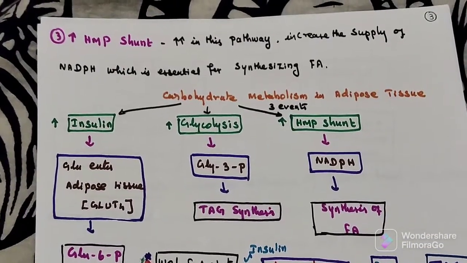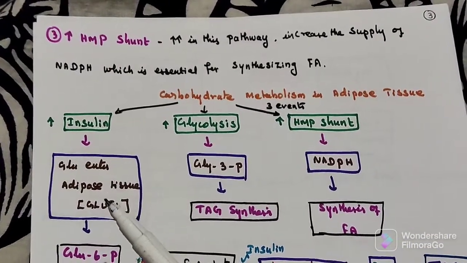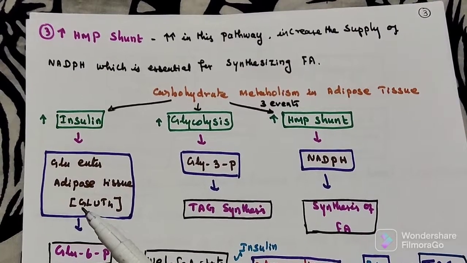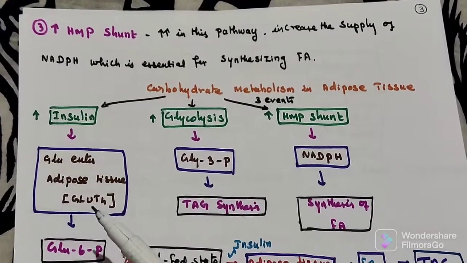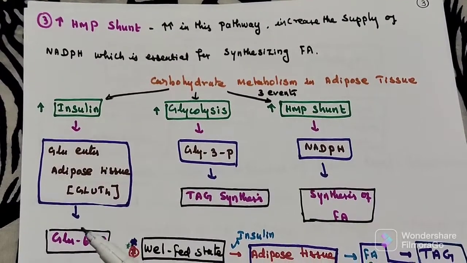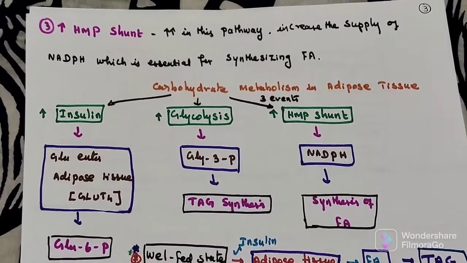Glucose will enter adipose tissue through the GLUT4 receptor under the influence of insulin, and it will be converted into glucose 6-phosphate.